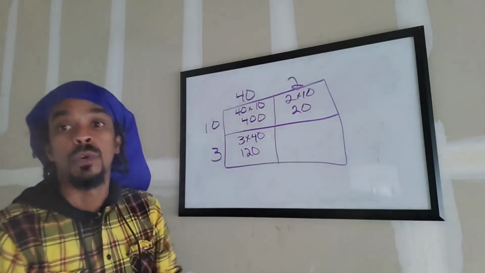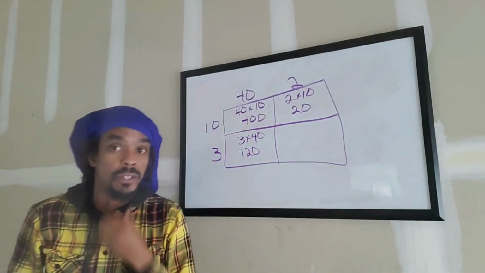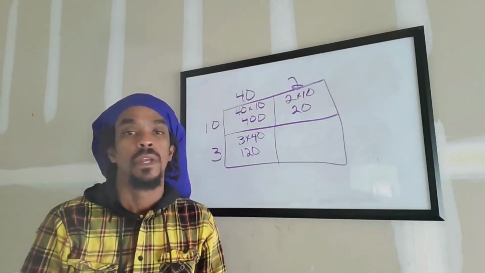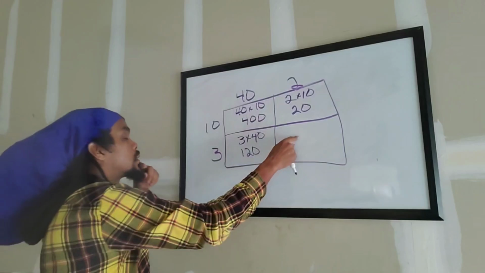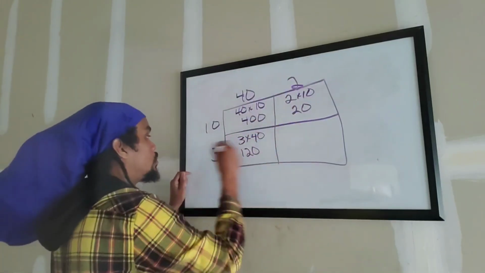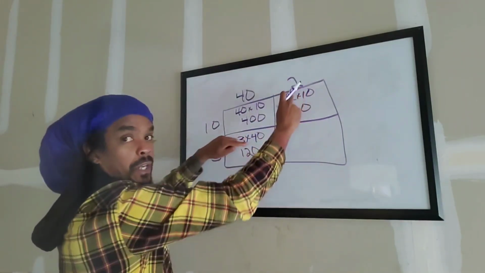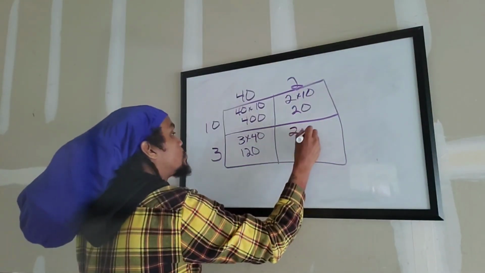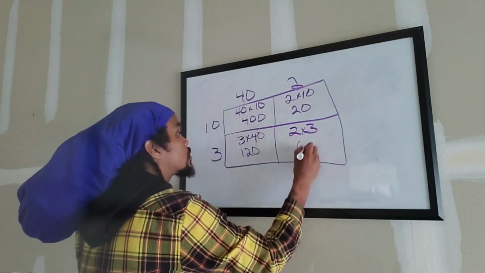I hope we're going to be doing a lot of work with our multiplication tables. I want you guys to feel strong about doing the multiplication. In this last box, this is where the 2 and the 3 meet. Like they come together like that. Boom. So that's what you'll put in your last box. In this case, it's 2 times 3, which equals 6.